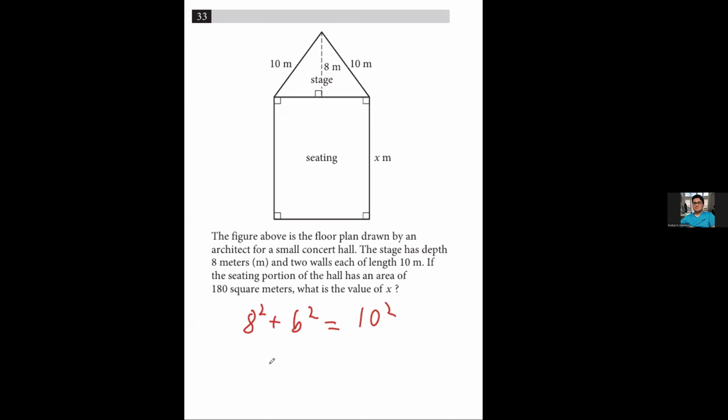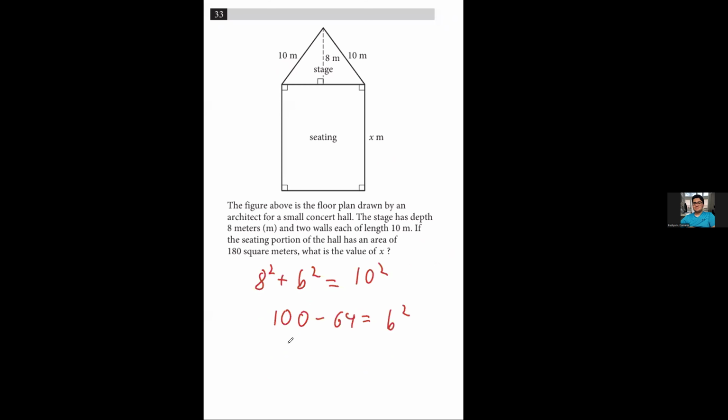That gets us 100 minus 64 equals b squared, so b equals 6. This value here is also 6, so that means this is 12.